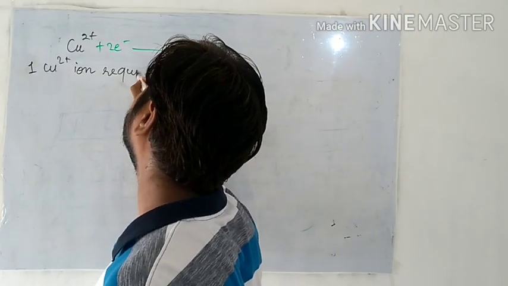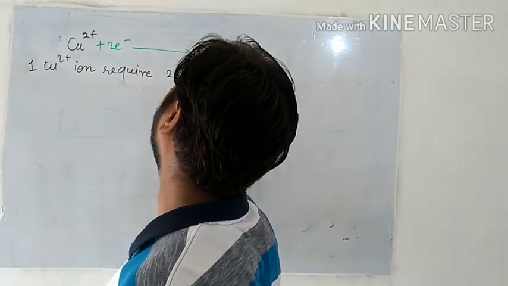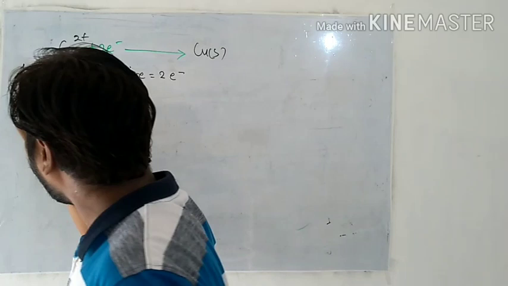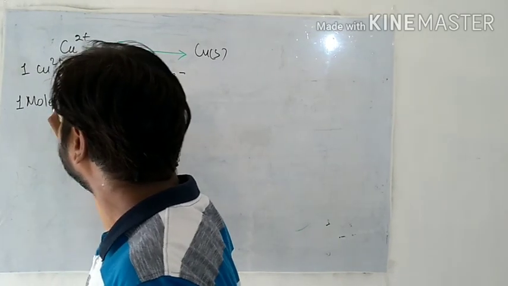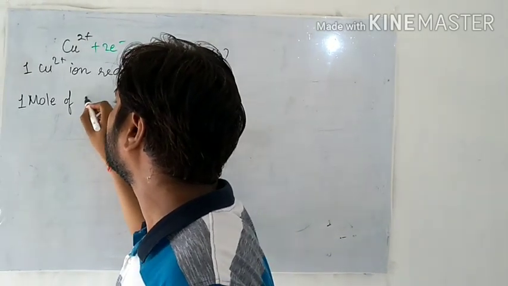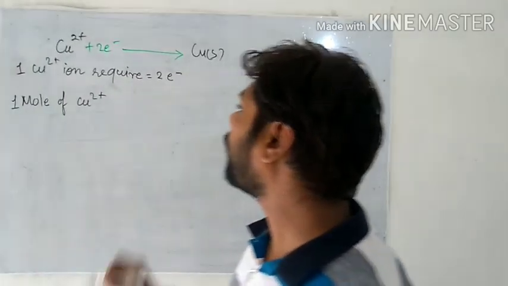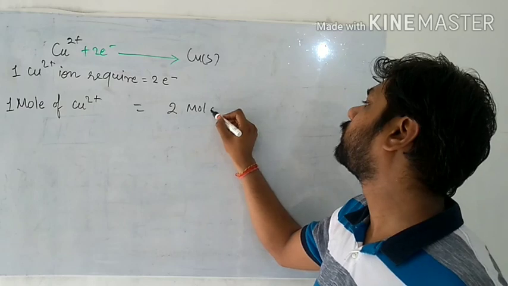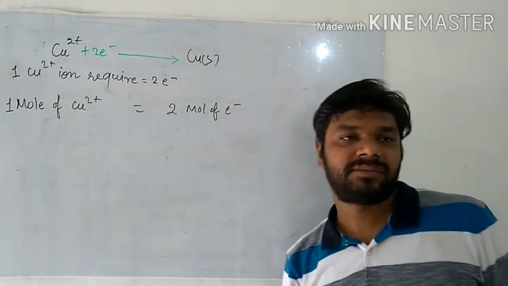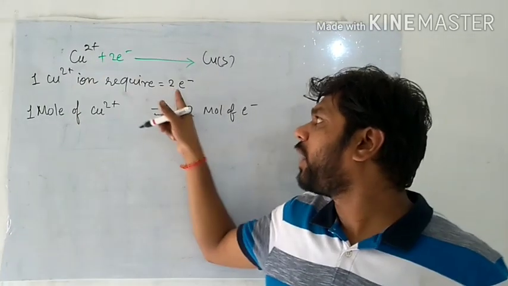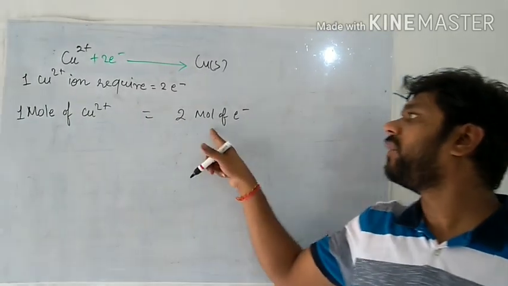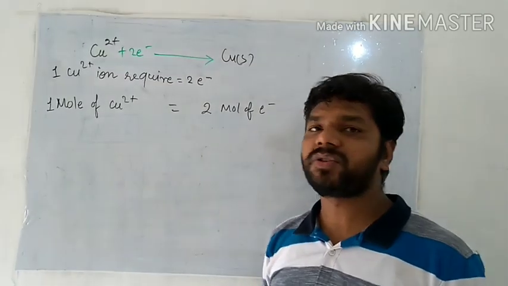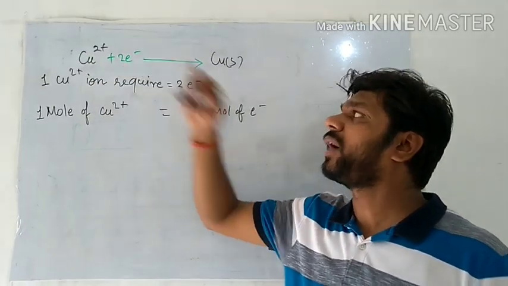If we have 1 mole of copper ion, that will require 2 mole of electron. Isn't that? If 1 copper ion requires 2 electrons, 1 mole of copper ion will require 2 mole of electron, because it is having 2 unit positive charge.